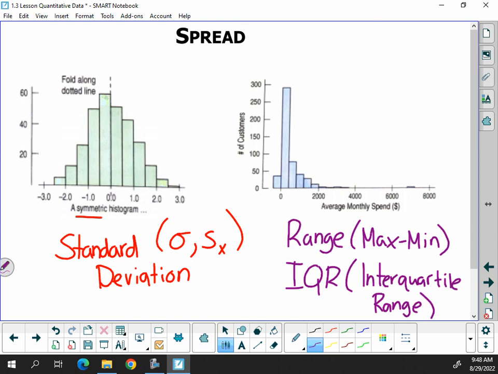We will calculate IQR soon and talk more about that. But just know that when we're trying to describe the spread of our data, if it's a skewed distribution, we don't want to use the standard deviation. Just like with the mean, standard deviation uses every data point, and if we have a data point that is far unusual, like a potential outlier from the rest of the data, it's really going to affect our standard deviation. So instead, we'll talk about the range, or the interquartile range, which is how spread out the middle 50% of the data is.